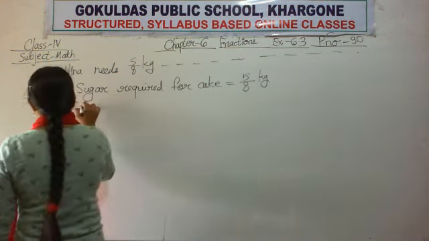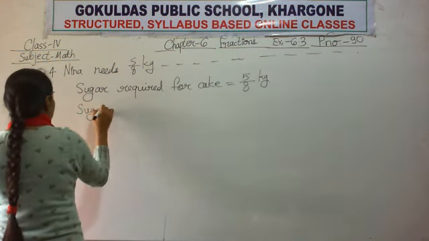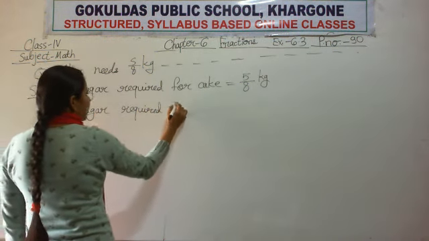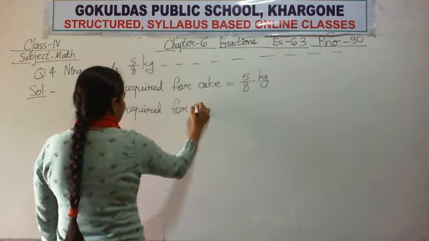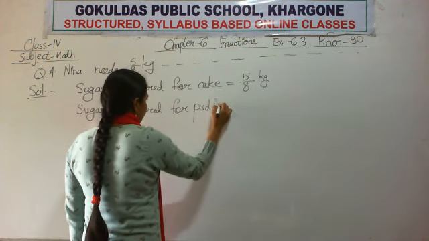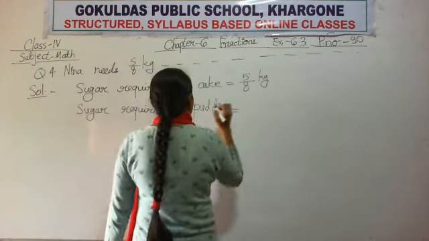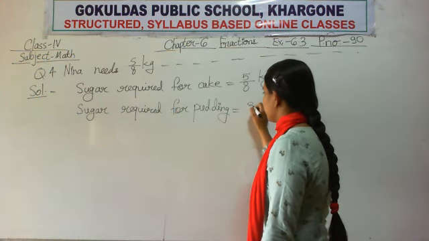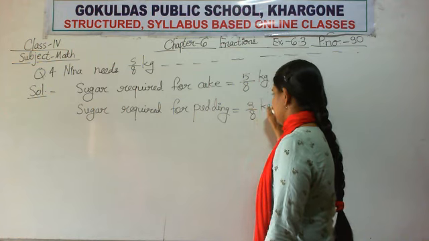Okay. And sugar required for pudding. For pudding, sugar required is 3 upon 8 kg.